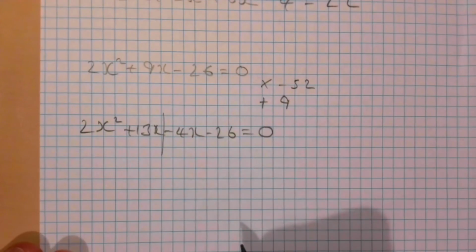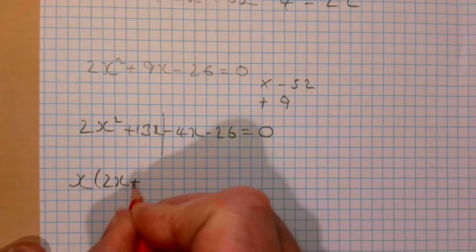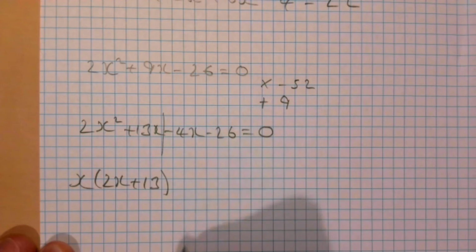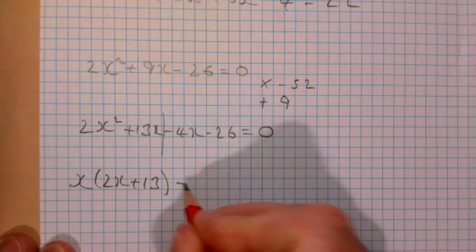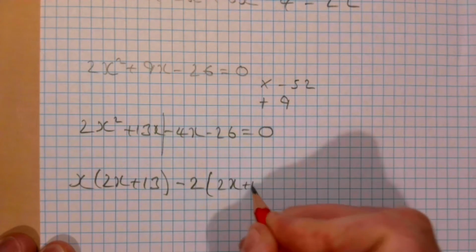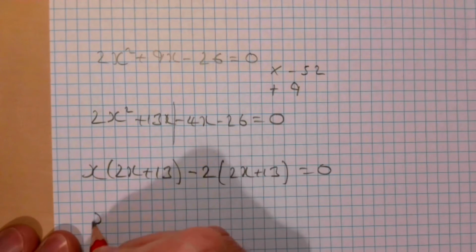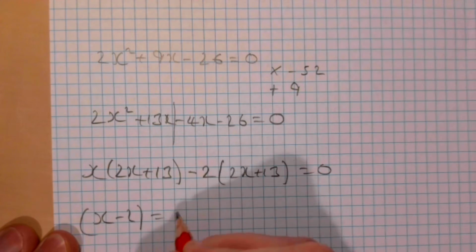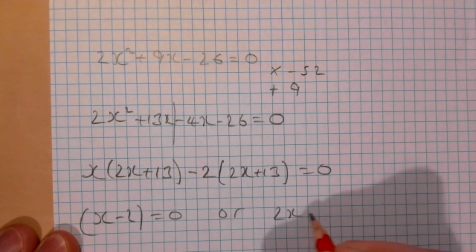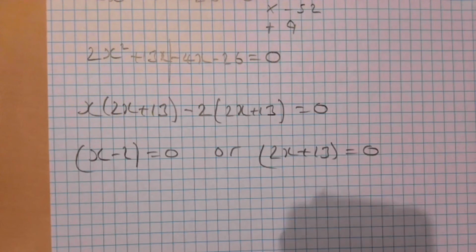I draw my line down here. I then get an x times (2x plus 13), and then a minus 2 times (2x plus 13) equals 0.